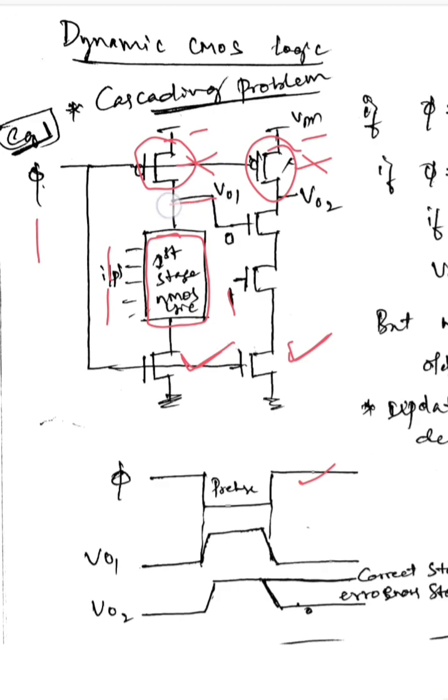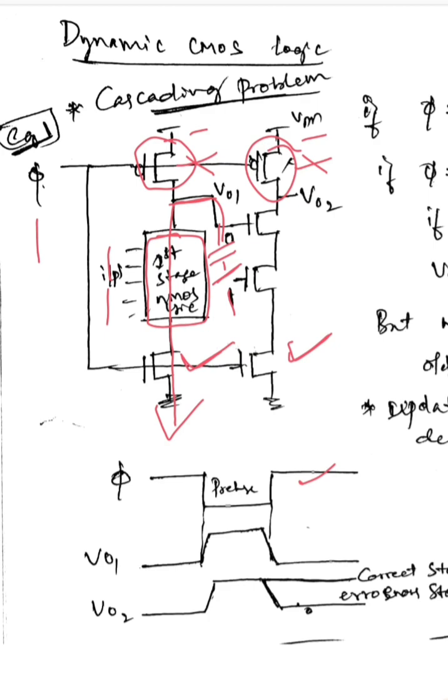Why? Because the capacitor gets a discharging path to ground. So we expect VO1 to be 0, but it takes time to discharge from VDD to ground.